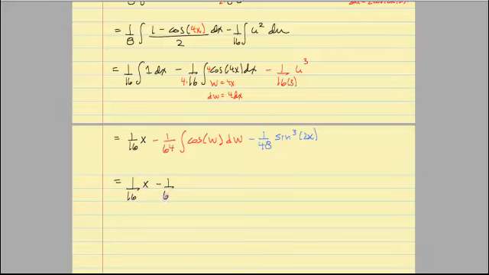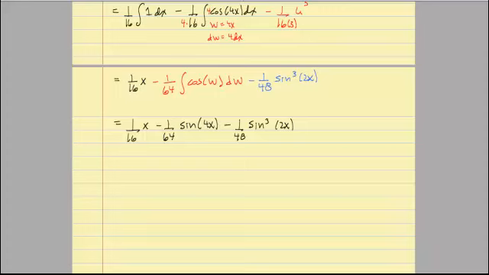Minus 1/64. The integral of cosine of w would be sine of w, but in this case the w was equal to 4x, so I make that substitution. And of course I have my minus 1/48 sine cubed of 2x.